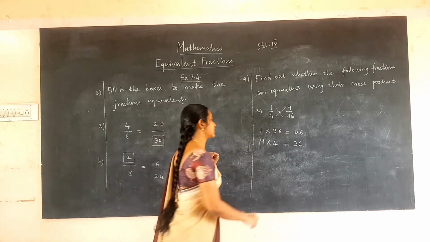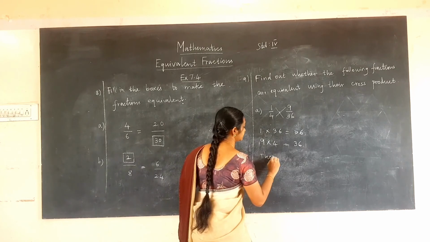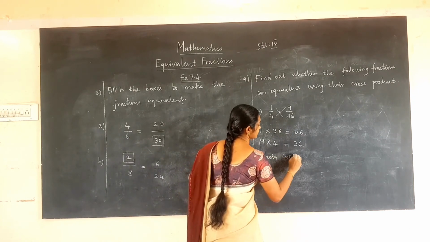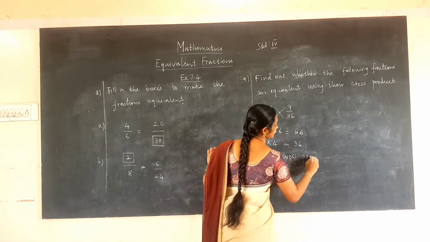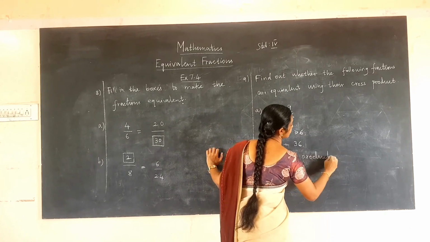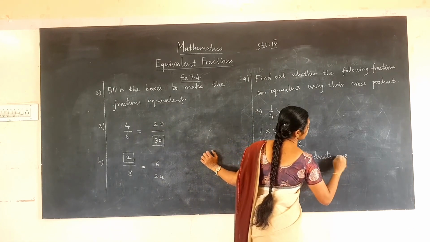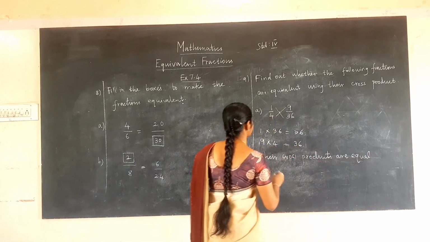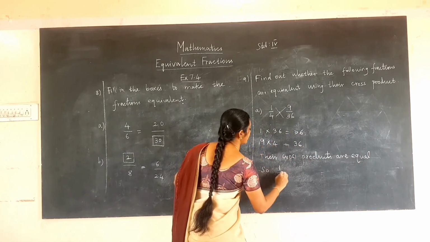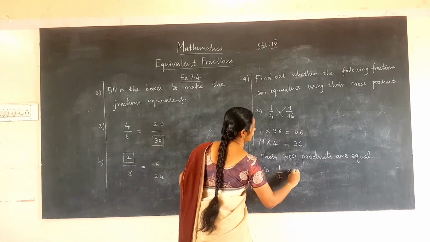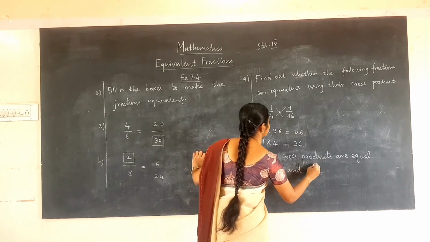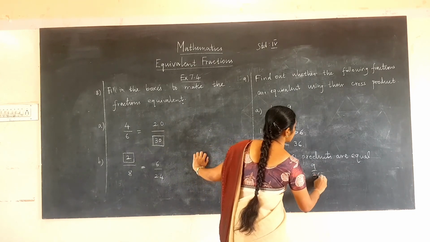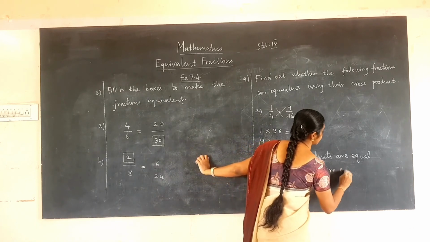Their cross products are equal. So 1 by 4 and 9 by 36 are equivalent fractions.